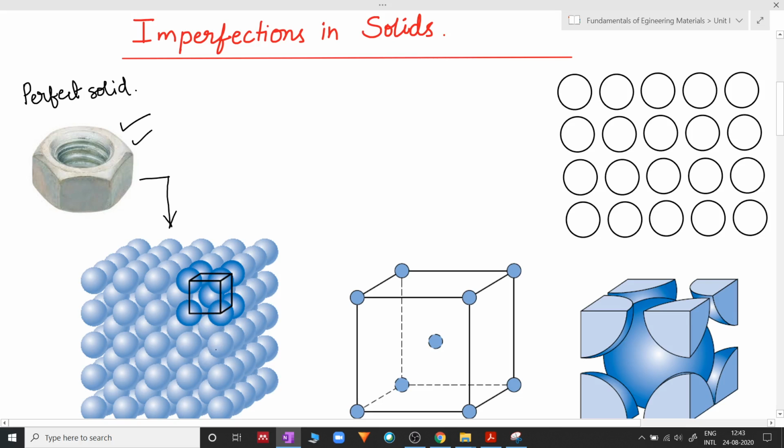In a perfect solid, the atoms are arranged periodically as shown in this figure.